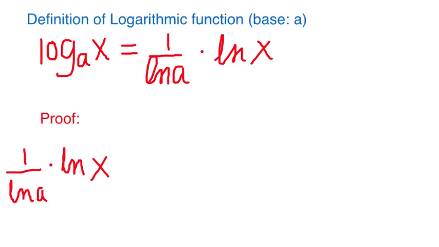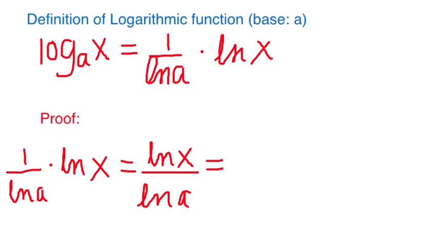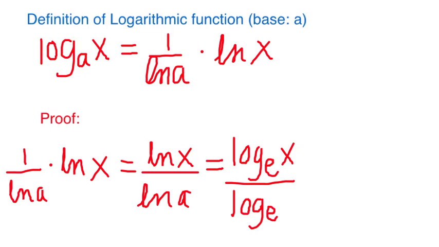And this is equal to the natural log of x over the natural log of a. And remember, the natural log is simply log with base e. So it's log base e of x divided by log base e of a.